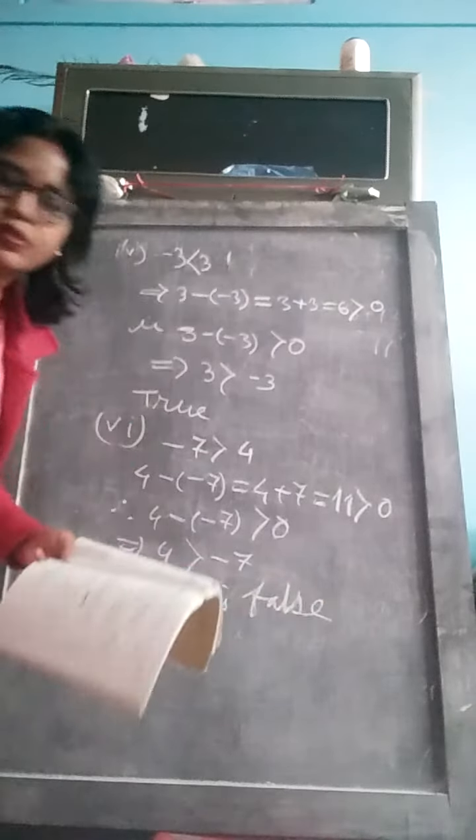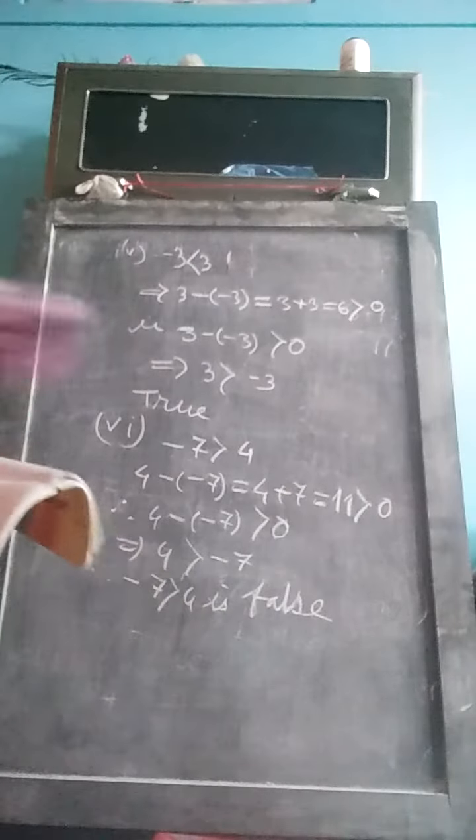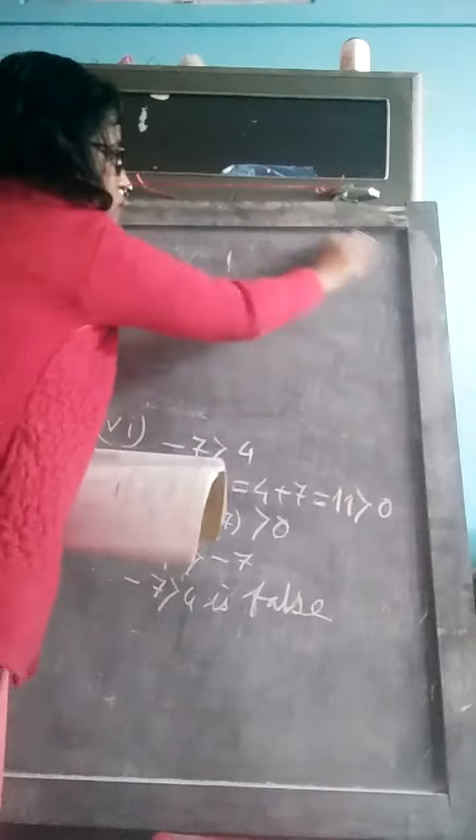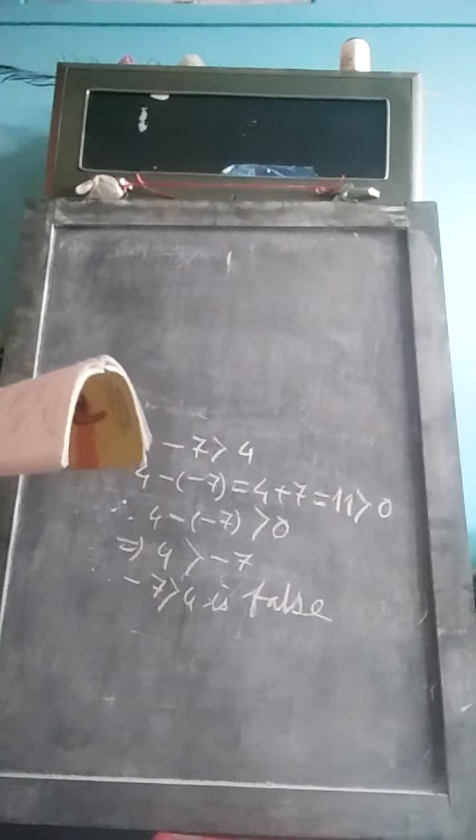Minus 7 greater than 4 is false. Please students, you also try yourself. Then what is question number 7? What is given? Pi is greater than 0.